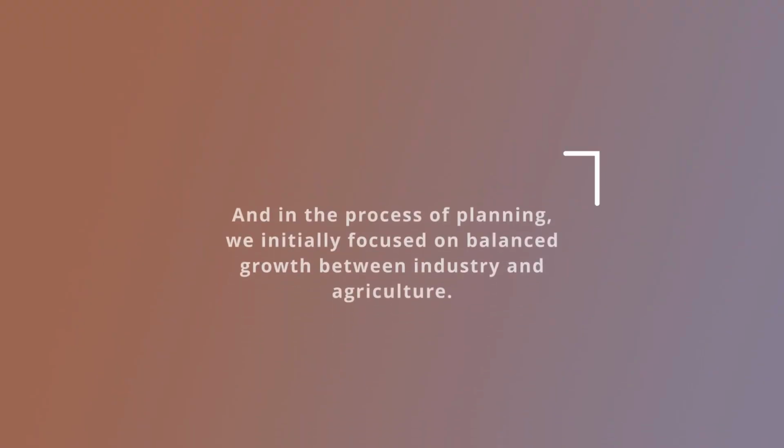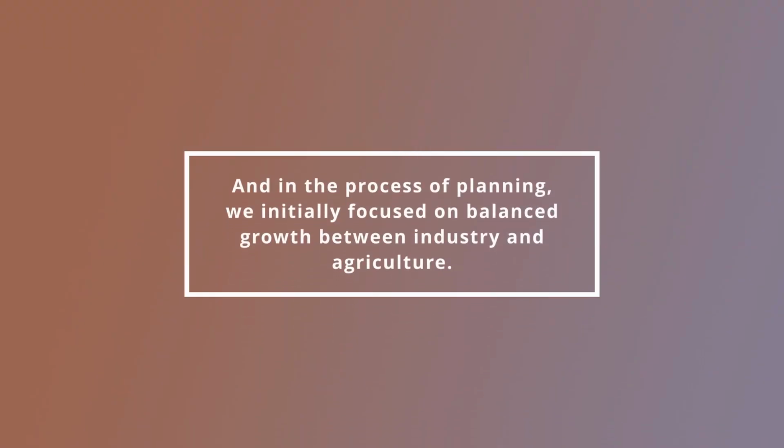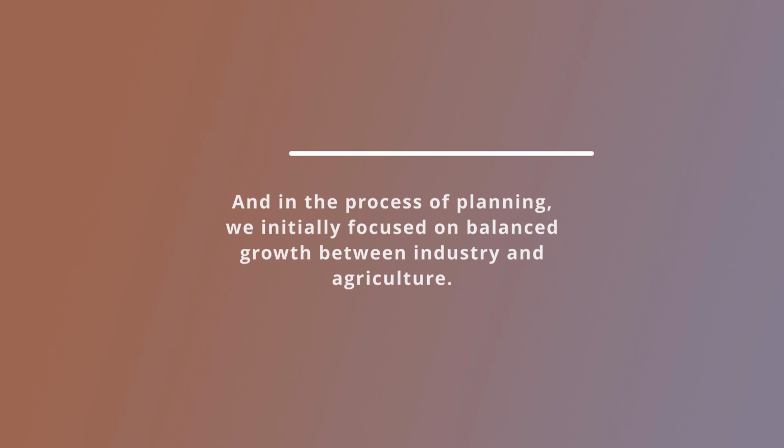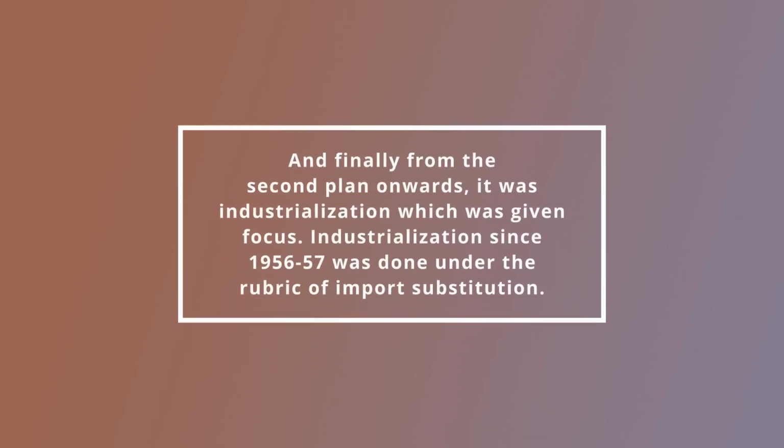resources were limited to start with, and that's why we started planning in India. These resources were allocated uniformly across sectors. And in the process of planning, we initially focused on balanced growth between industry and agriculture. And finally, from the second plan onwards, it was industrialization which was given focus.